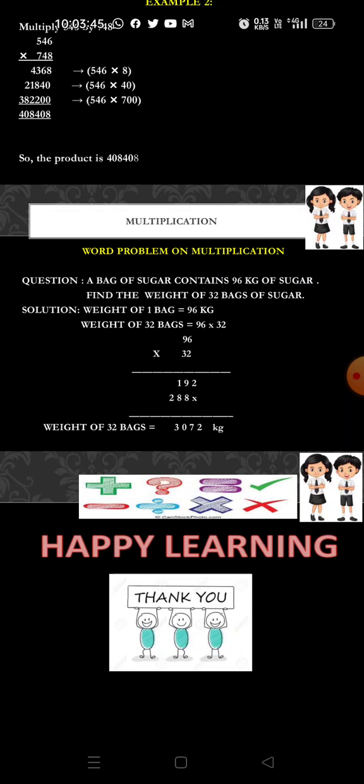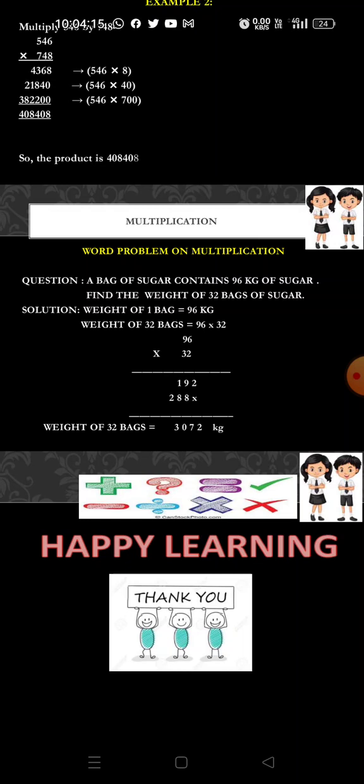Here you can see 6 2s are 12, write 2 and take 1 as carry. 2 9s are 18, 18 plus 1 is 19. So the product of 96 and 2 is 192. Next, 96 is multiplied by 3. 3 6s are 18, write 8 here and take 1 as carry. 3 9s are 27, 27 plus 1 is 28.